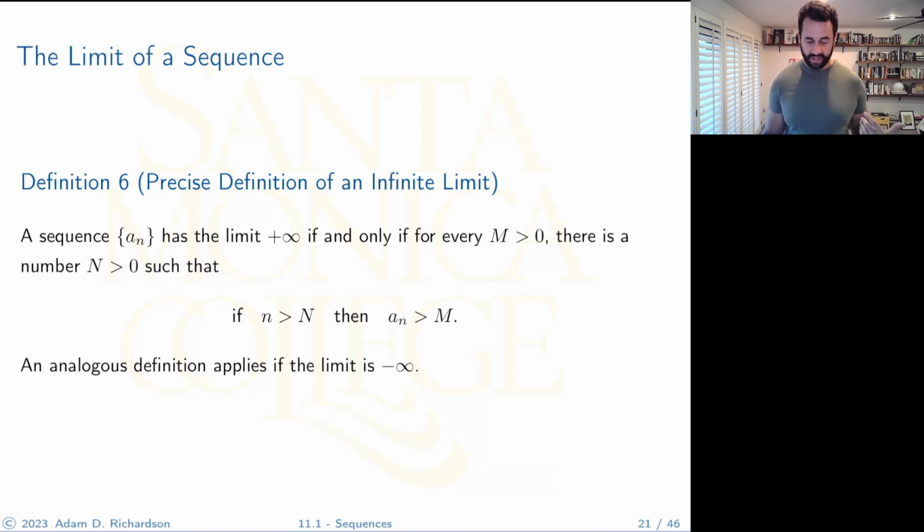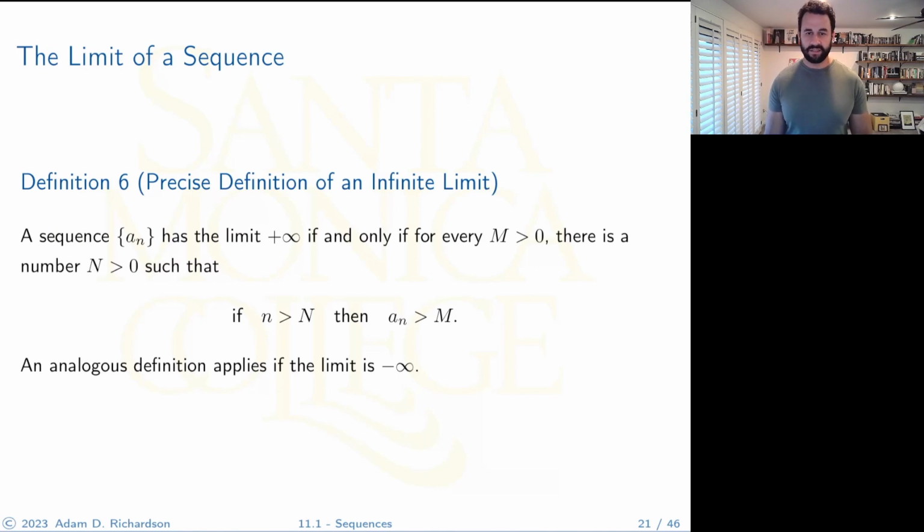Well, we say that a sequence has the limit positive infinity if and only if for every positive number M, there's a positive number N, such that if your index is greater than N, then the terms of your sequence are greater than M. I'll explain what this means in just a minute. There's also an analogous definition for negative infinity. You just have to go far enough out in the sequence that your terms are less than that number. That's basically what it is.